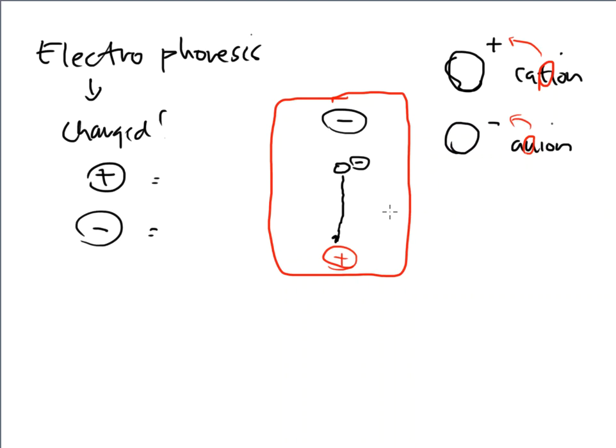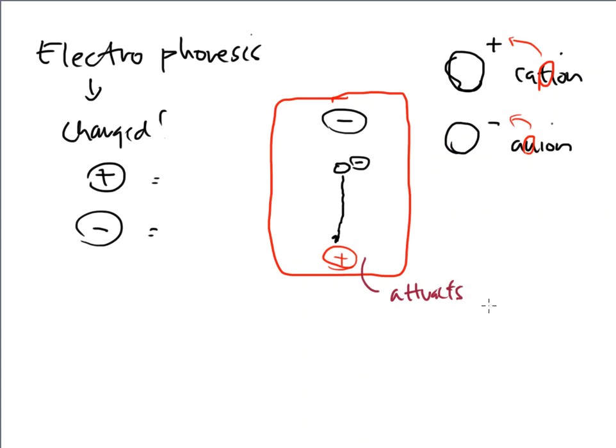All right, we have proper terms in electrophoresis that we need to talk about before we go further. One of those terms is, what do we call this positive piece and what do we call this negative piece? This positive piece is attracting the negatives.